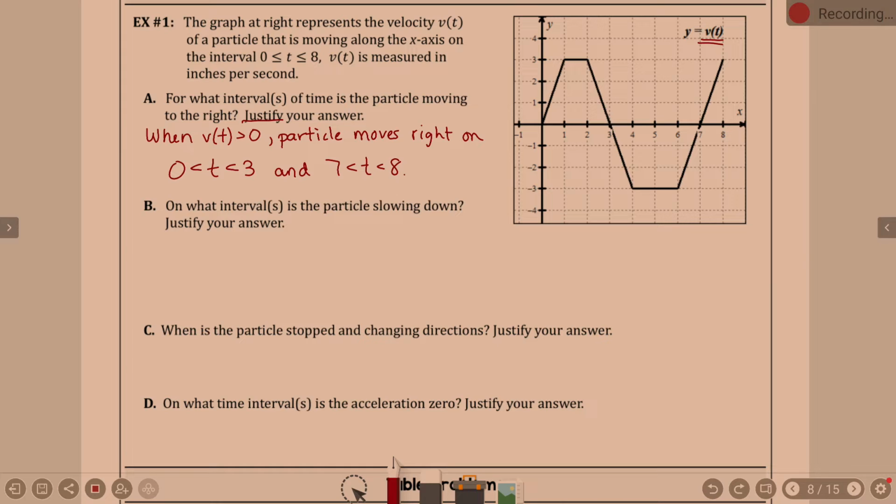More than just that. When it's opposite sides, right? Because it's negative if it's above the x-axis and positive if it's below the x-axis.